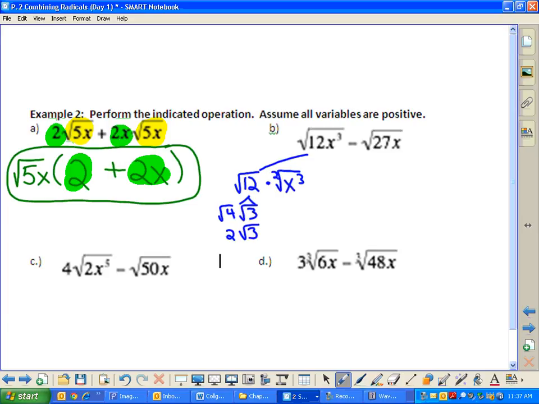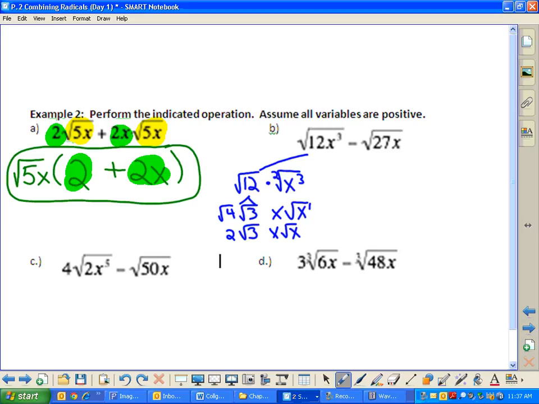And then you ask yourself, how many times does 2 go into 3? To simplify the variable part, 2 goes into 3 just one time, and there is 1 x left over underneath. So that's x root x.